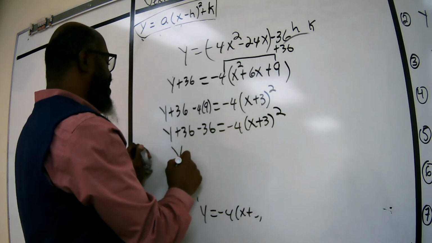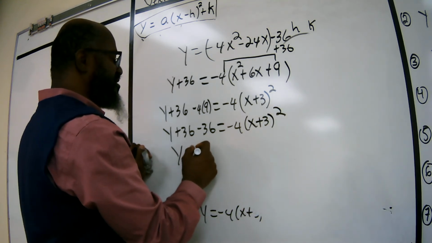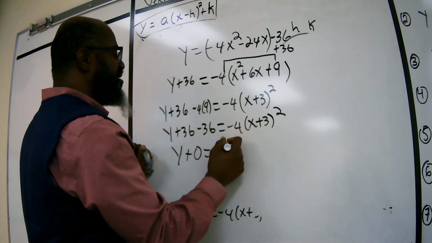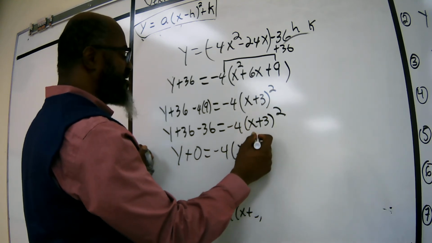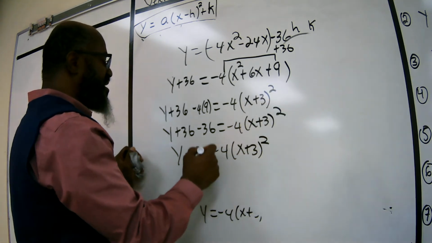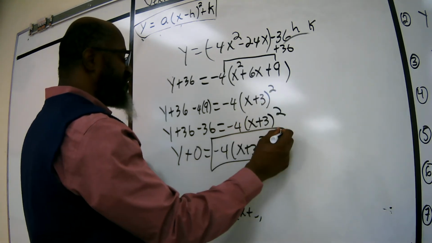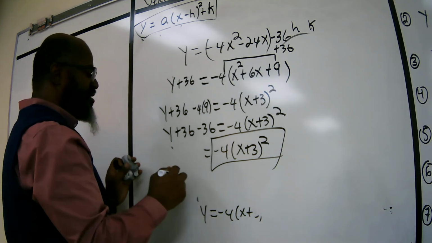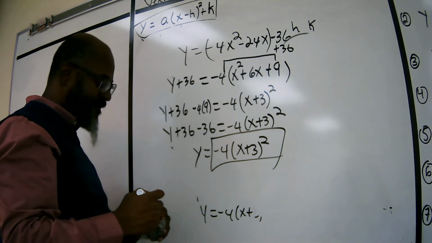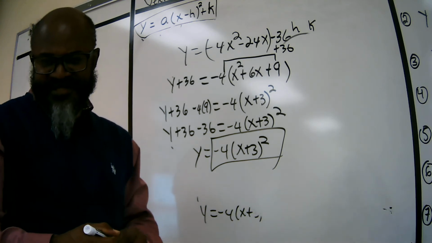Then y plus 0 is equal to negative 4 times x plus 3 squared. It doesn't matter, adding 0 on the other side makes no difference. This is your vertex form. Then you don't need that. This is your equation. Nothing changed. After all, it's not that bad.